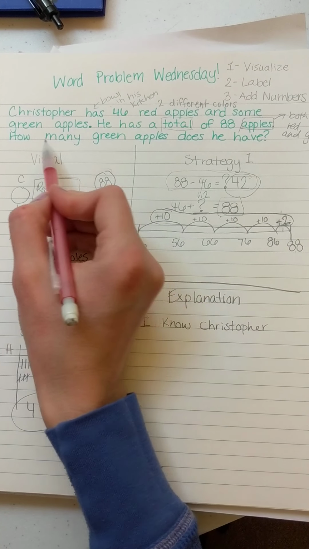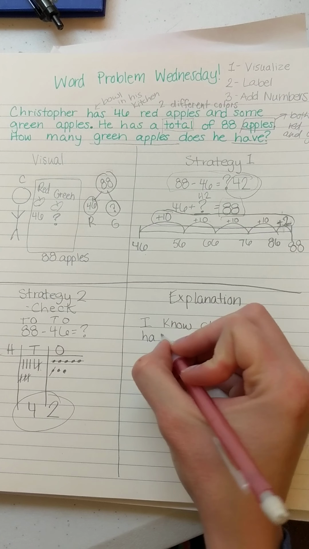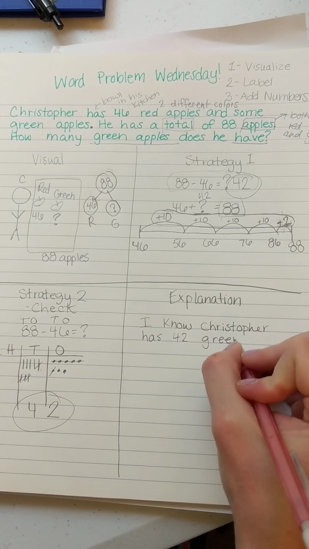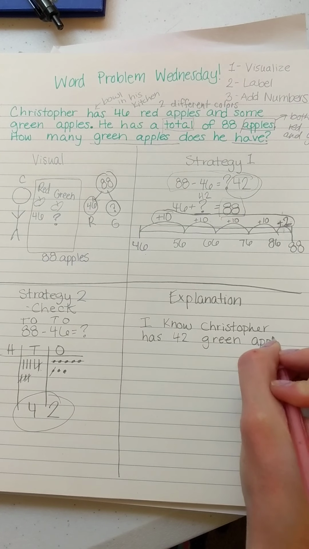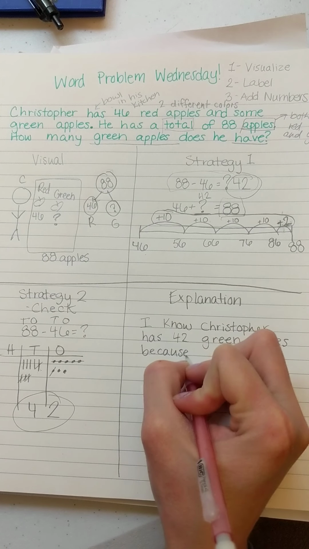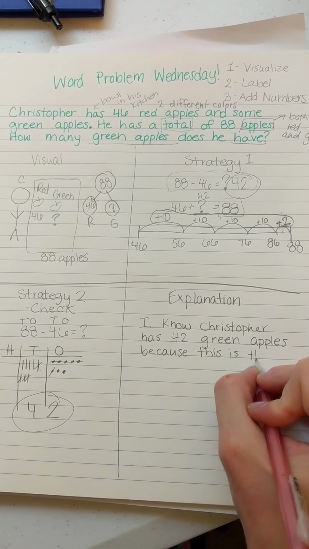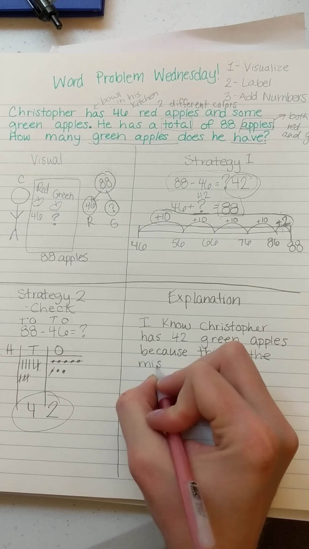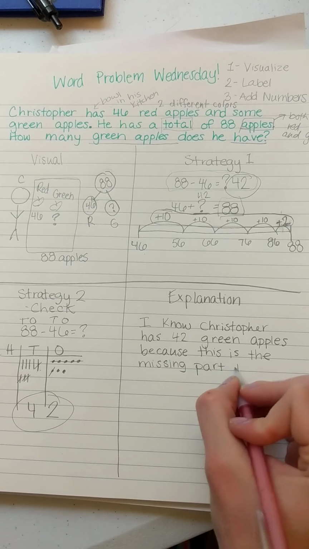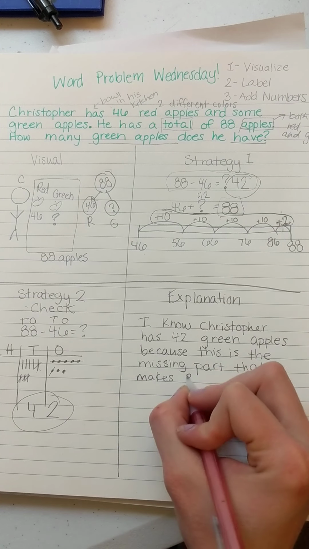I know Christopher has 42 green apples because this is the missing part that makes 88.